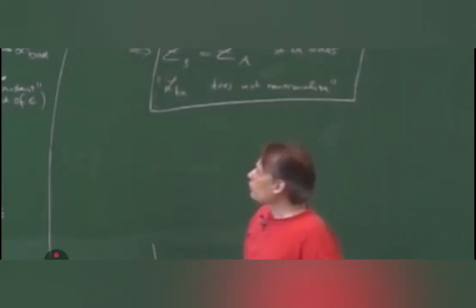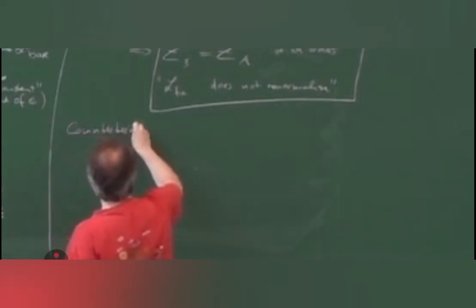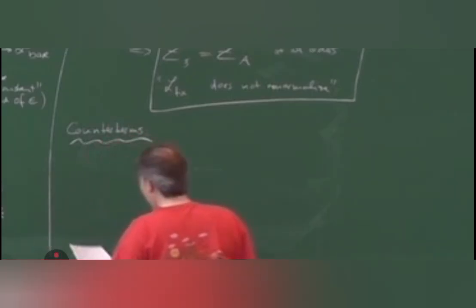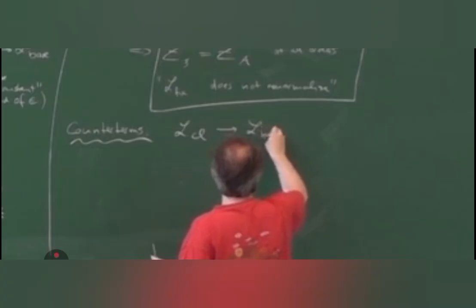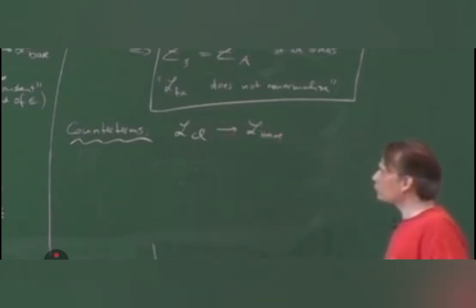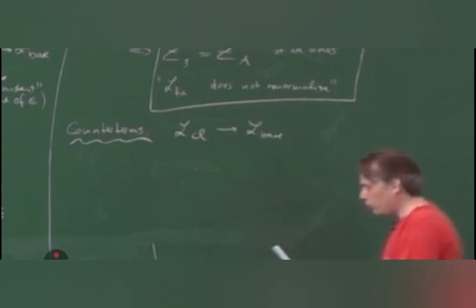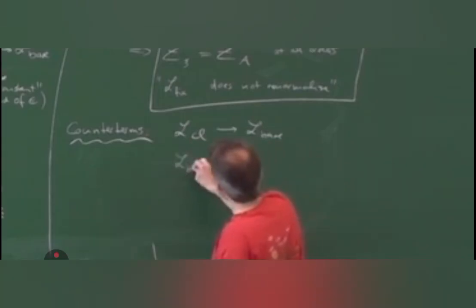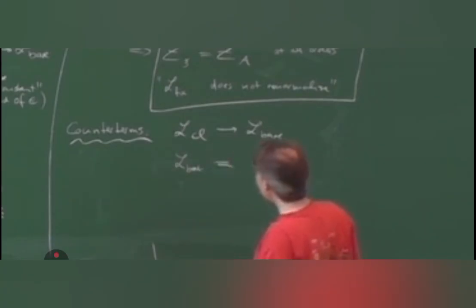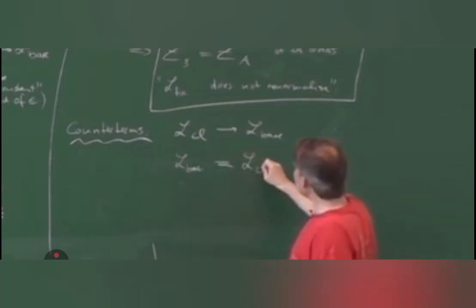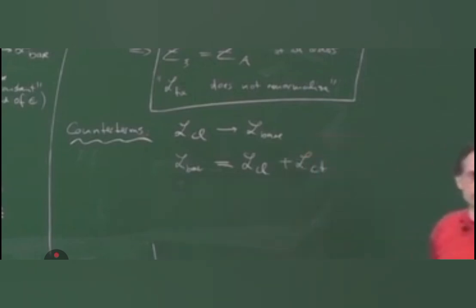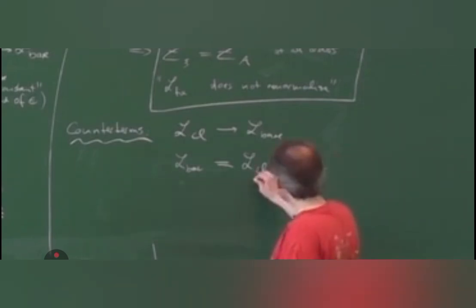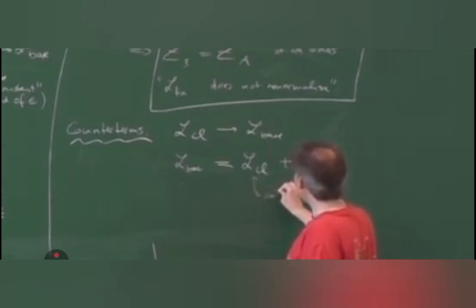Then, once we have that, we can obtain counter terms. Counter terms are obtained by applying our renormalization transformation, where we first replace our classical Lagrangian by that recipe by a bare Lagrangian, and then we write our bare Lagrangian again as the original classical Lagrangian plus a remainder, which then by definition is the counter term Lagrangian. So in this classical Lagrangian there appear only renormalized quantities.